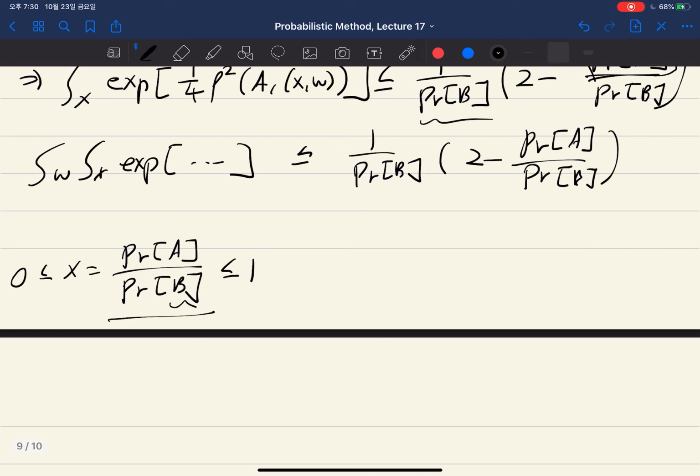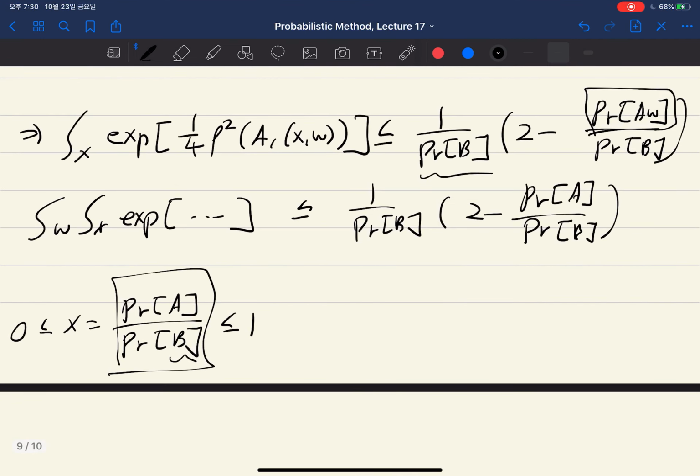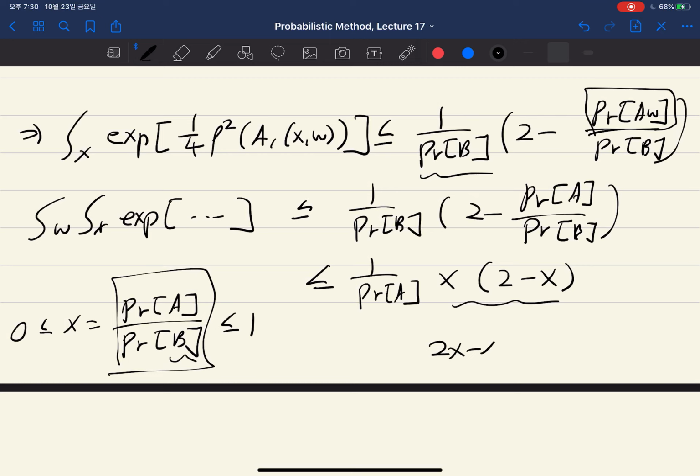So by taking this x, what does this become? This becomes 1 over the measure of A times x, 2 minus x. This is 2x minus x squared plus 1 minus 1.